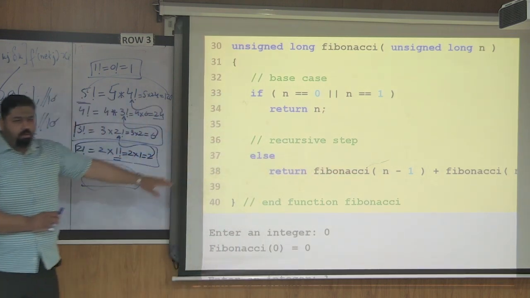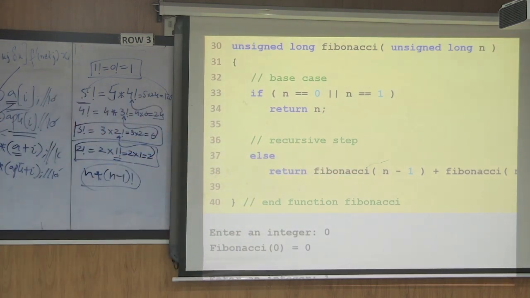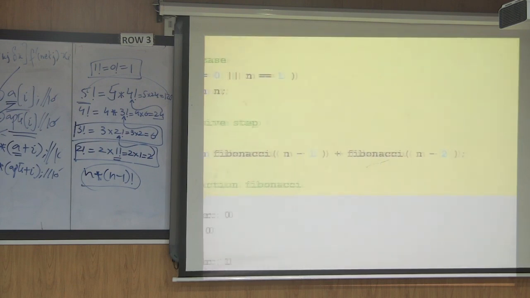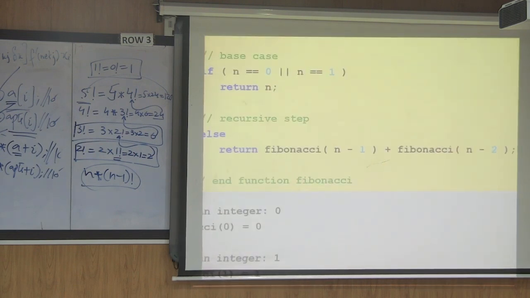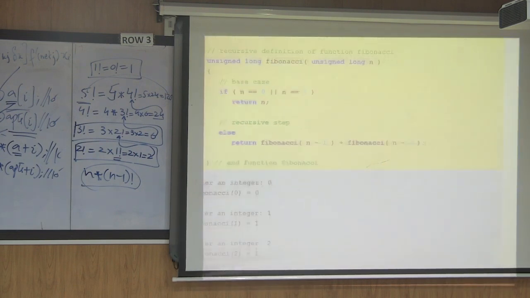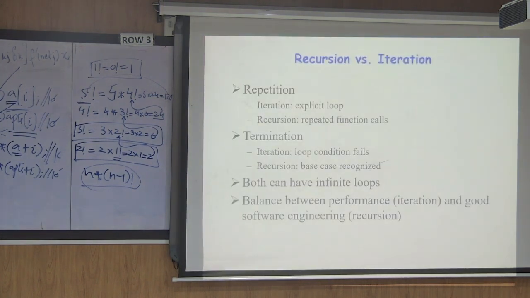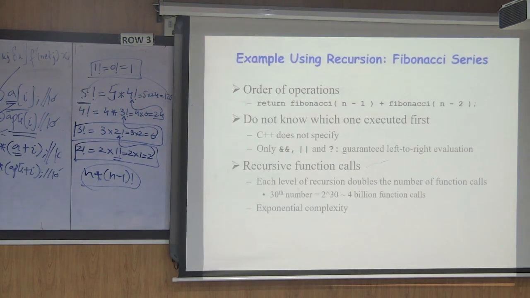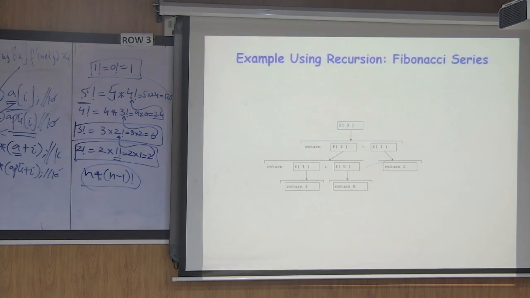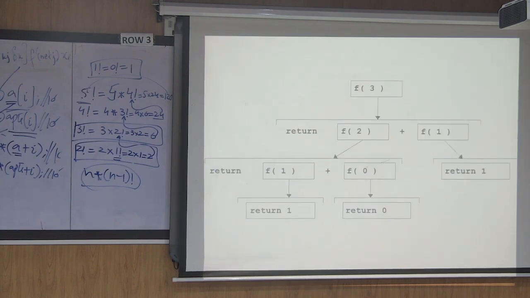क्या आ गया? And Fibonacci of 2 minus 2. ग्राफ देख लें. Fibonacci of 2 किस तरह कंप्यूट हुआ है? 2 minus 1, 2 minus 2.